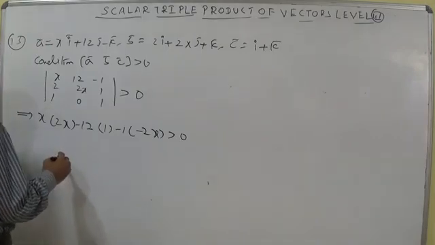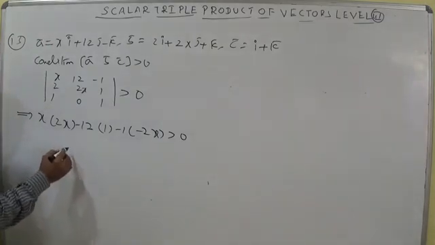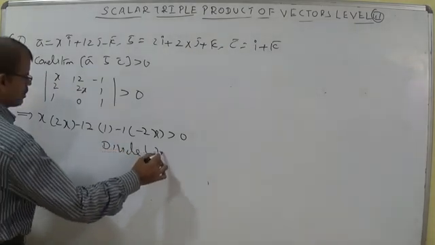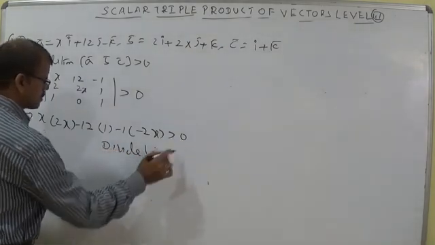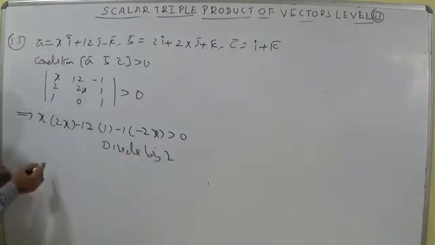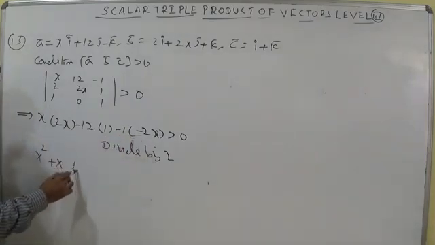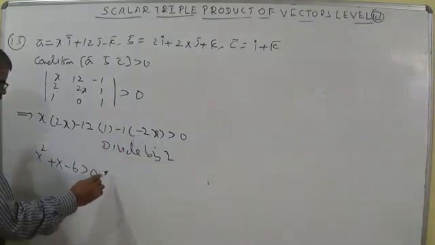Divide by 2, it becomes x square plus x minus 6 greater than 0.